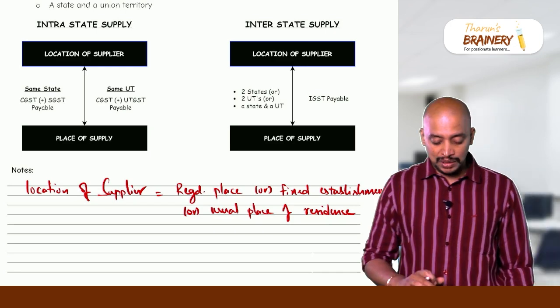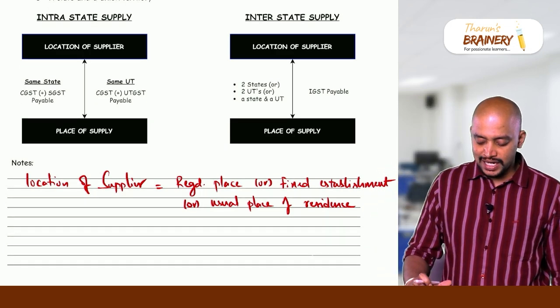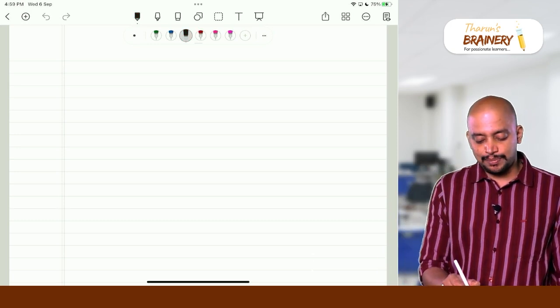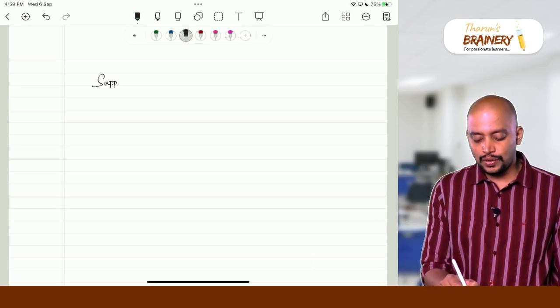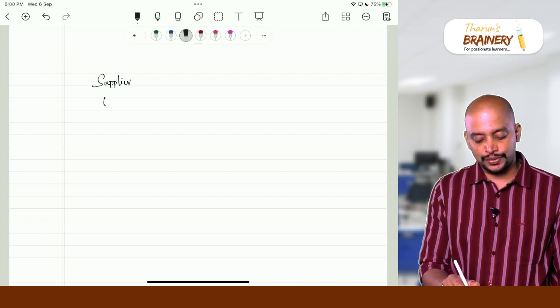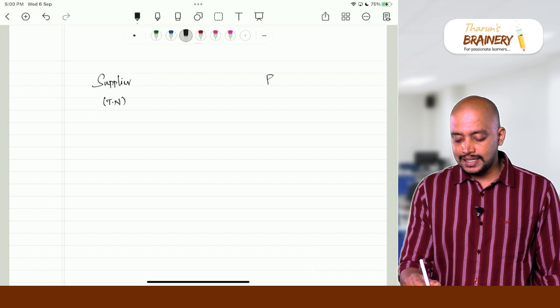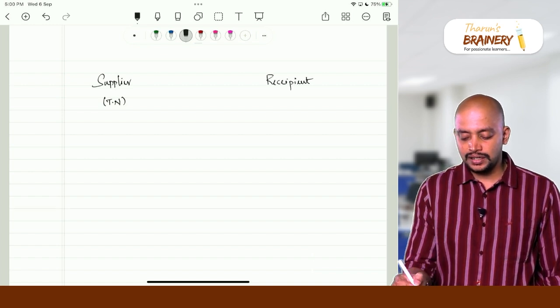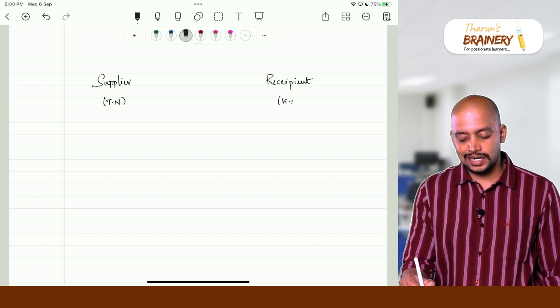With which state will they be sharing? So let's try to understand this with an example. There is a supplier who is located in Tamil Nadu, and there is a recipient, and this recipient is located in Karnataka.